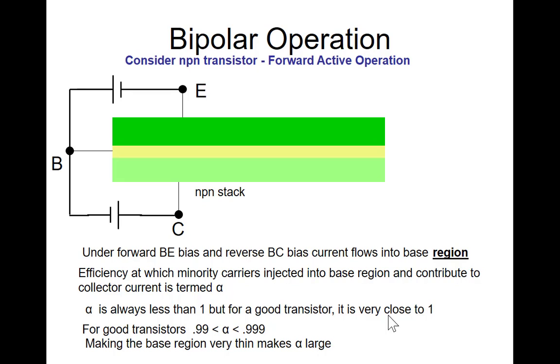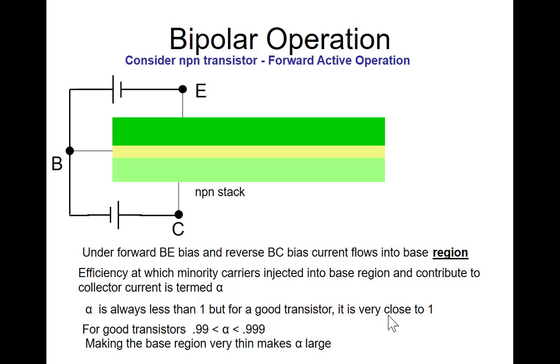The efficiency at which minority carriers injected into the base contribute to collector current is termed alpha. So alpha could be anywhere between 0 and 1. If alpha is 0, it means that none of them make it to the collector.